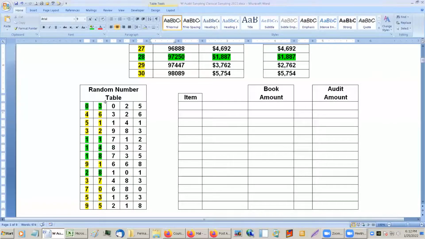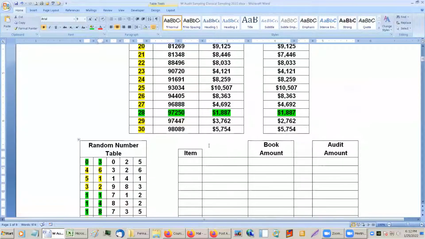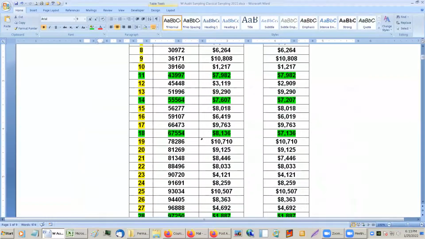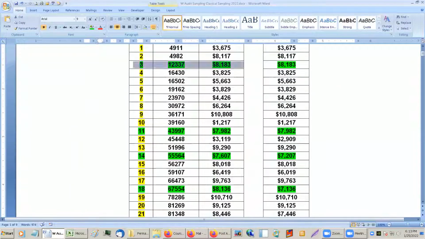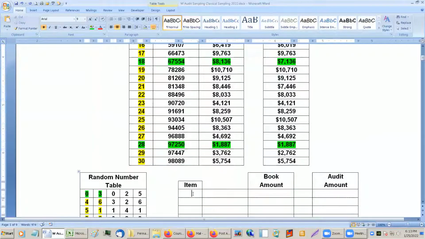Okay, so a random number table, we picked 5 items. And so I'm going to just copy them down here just to get them a little bit closer. Hope this works. Hey, I think it does.